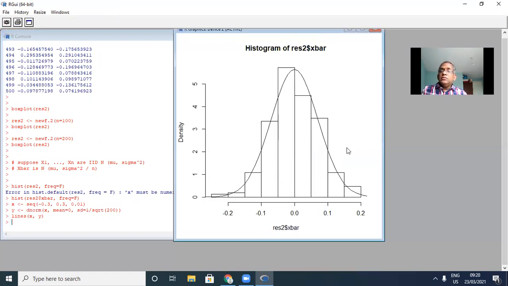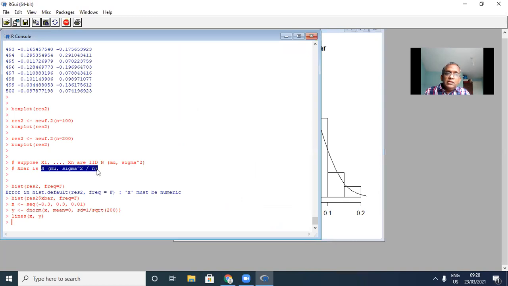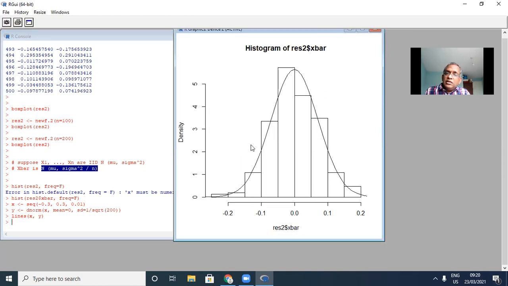And this is what you see. Once again, the theoretical result is verified by the simulation I have shown you here. The curve I have drawn is the density of this distribution, with mu equal to 0 and sigma squared equal to 1, and the histogram is the histogram of the simulated values of x bar.